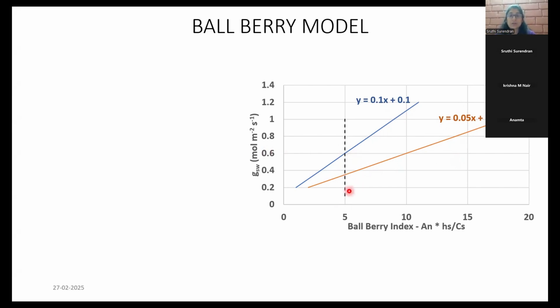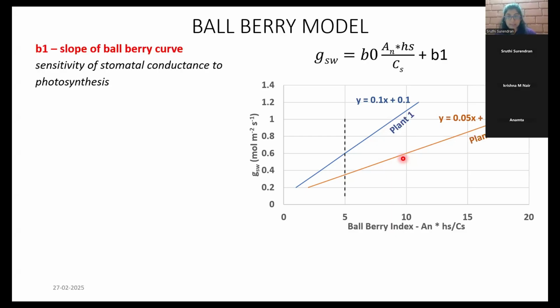Which is saying that stomatal conductance is more sensitive to photosynthesis in the case of the blue line than the brown line. Again, blue can be some plant or another leaf or some other day's measurement, and brown can represent another plant or species or whatever. But what the slope value gives us is the sensitivity of the stomatal conductance to photosynthetic rate.